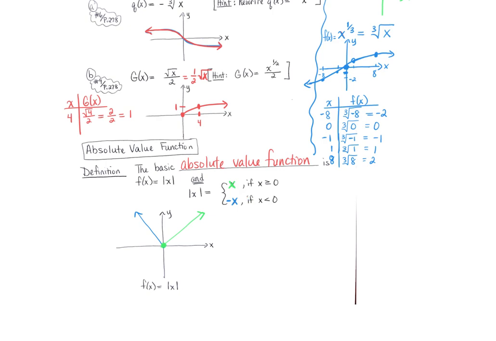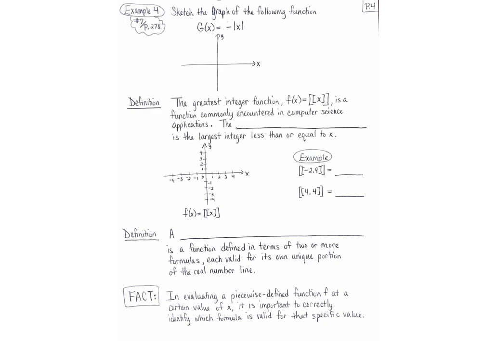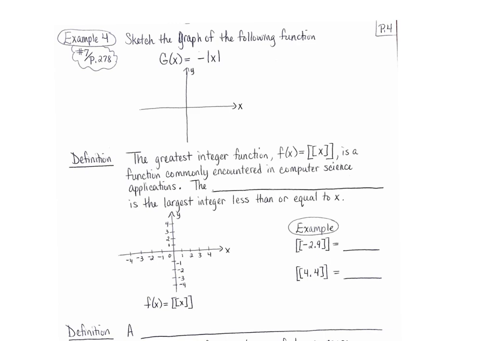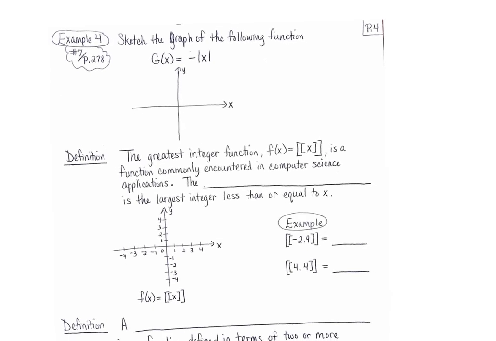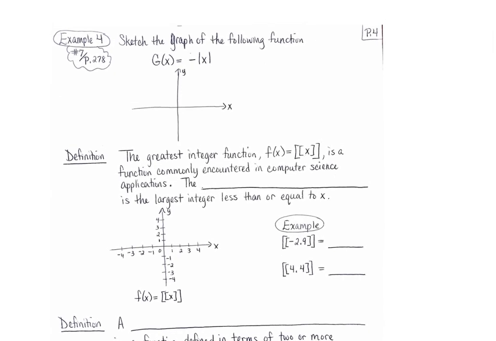Now, in our next example, I ask you to graph the function g of x equals -1 times the absolute value of x. What is that going to look like? Is it going to look like a V?